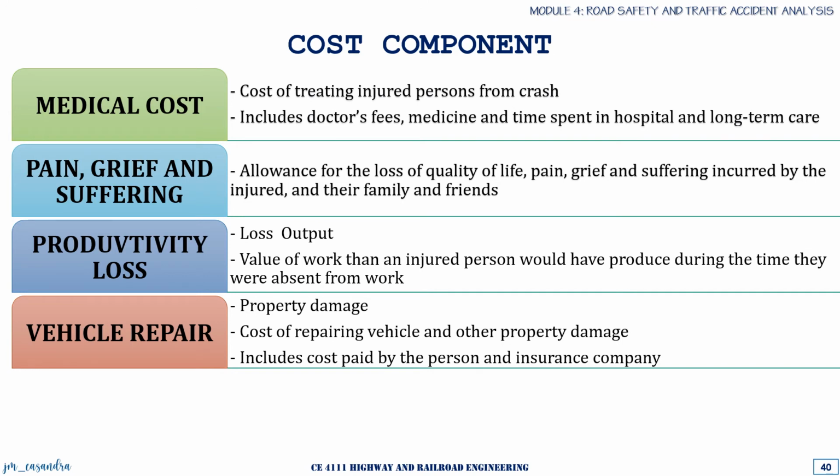So aside from vehicle repair, let's say the vehicle collided with a street lamp or with a wall of a certain establishment. Aside from the repair cost of the vehicle, you also have to include the cost of repairing the lamp post, the street lamp, or any property that has been damaged due to the accident.